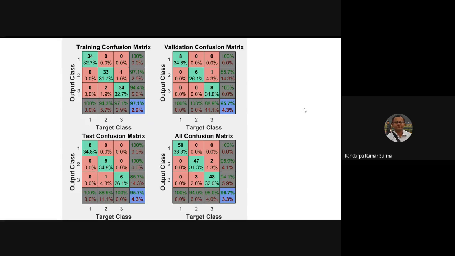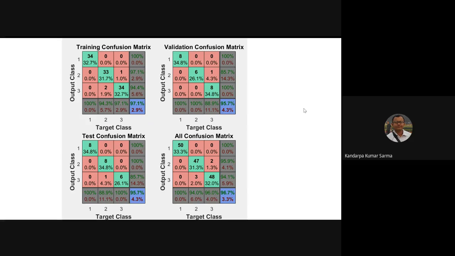All those things are reported together by the confusion metrics. So here we see a training time confusion metrics generated, a validation time confusion metrics, a confusion metrics generated during the testing time, and a target class all confusion metrics generated.